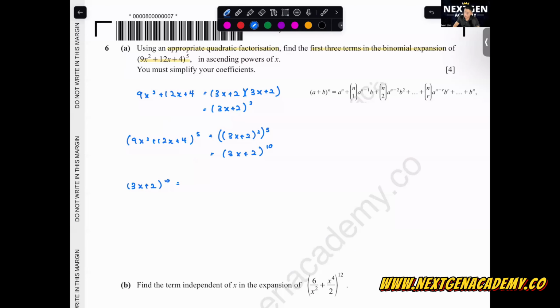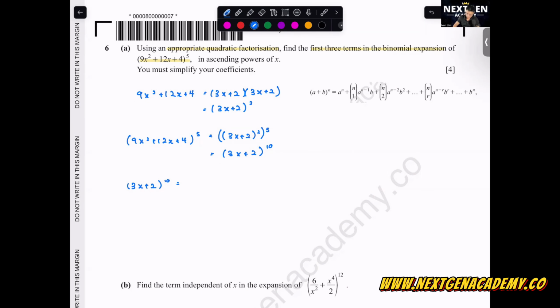They also want this in ascending power. Okay, you have to be careful for this one. Since this is ascending power, you all have to flip the values. If you put a as 3x first, you will start with 3x to the power of 10.